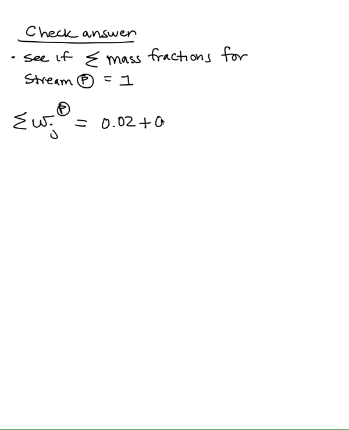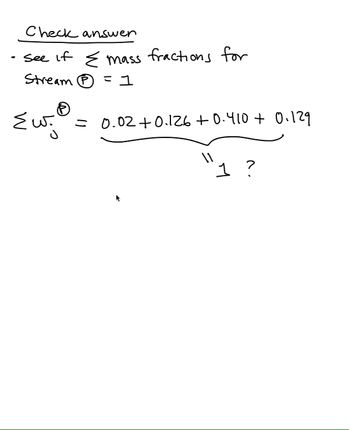We knew that 12.6% was sugar, and then we just calculated that 41% of it is going to be solids, and 12.9% is going to be water. And so the question is, does all of this equal 1? And the answer is, it adds up to 0.685.